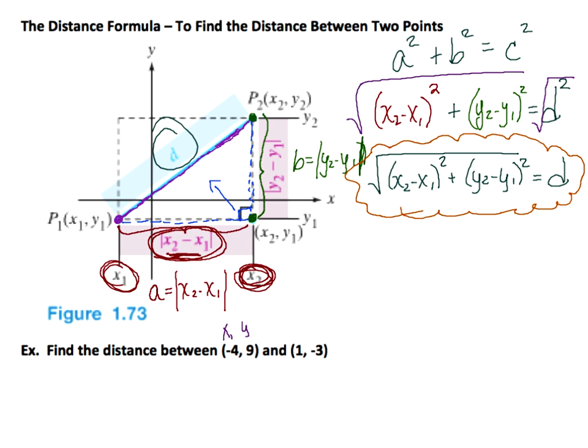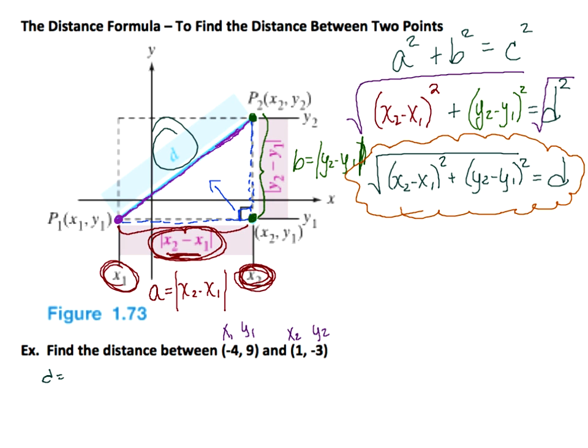So I'll call this first one x1, y1, and then x2, y2. It doesn't matter which one you call which, because the distance from here to here is the same as the distance from here to here. So it doesn't matter. You just have to be consistent with naming them.